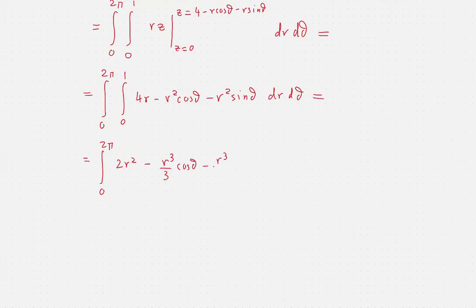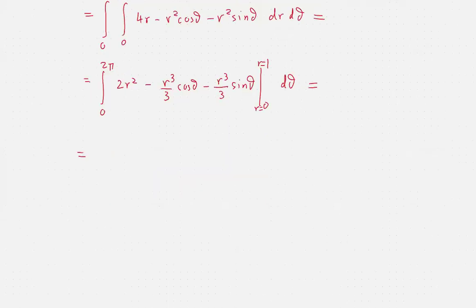And we would like to go from 0 to 1. And when we say 0 to 1, we mean r equals 0 and r equals 1. And once we do this, we're going to get 2 minus 1/3 cosine theta minus 1/3 sine theta d theta.